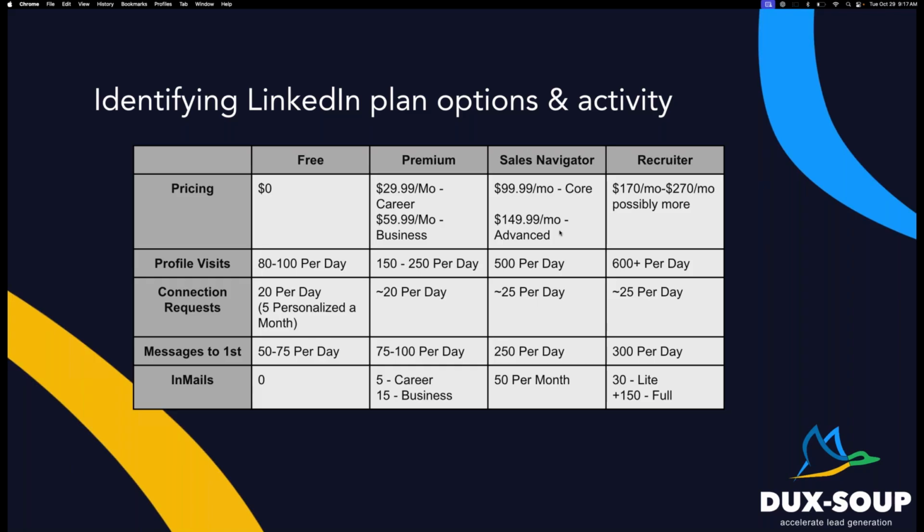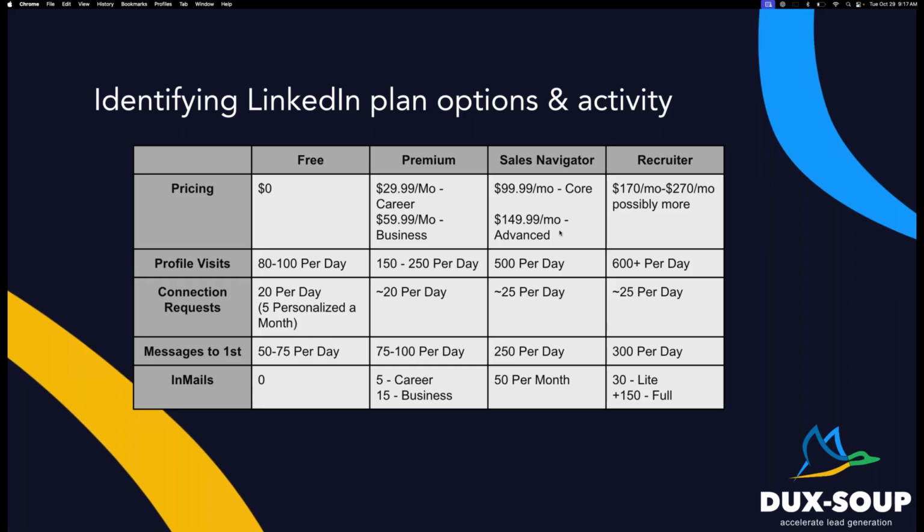Now, there is a huge caveat to everything that I'm saying on all of these limitations. That caveat really depends on what is your overall social selling index. Everybody has a social selling index. You can see this social selling index for free if you just type in "what is my social selling index" into Google.